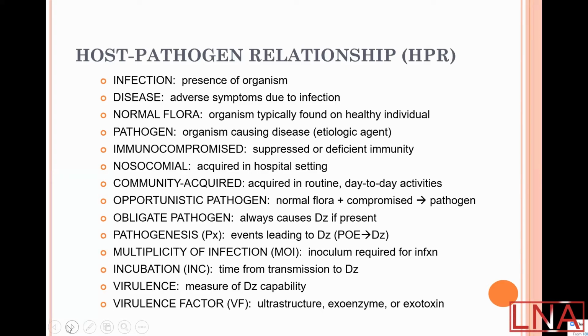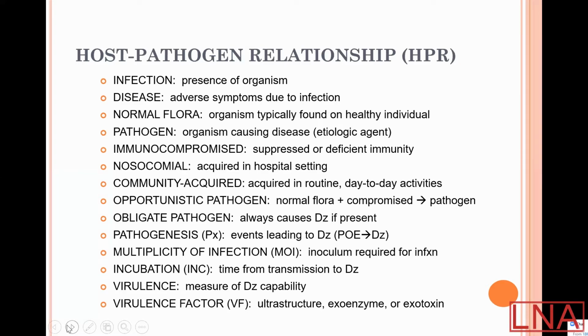Community acquired means acquired in routine day-to-day activities, so it's usually for people who work in the same area and do the same job. Opportunistic pathogens, as I said about normal flora plus immunocompromised, mean a pathogenic microorganism in most cases. Obligate pathogens always cause disease if present.